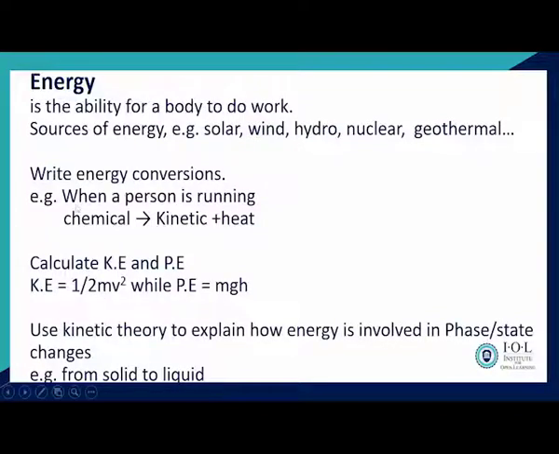But that velocity must be squared. Majority of us always forget to square the velocity. So let's take note of that. And the formula for calculating potential energy is mass multiplied by gravity multiplied by height. The mass of the object multiplied by the gravitational field strength multiplied by the height.